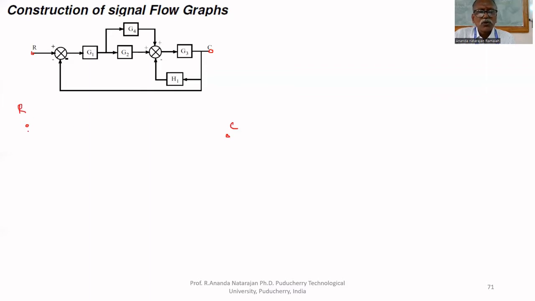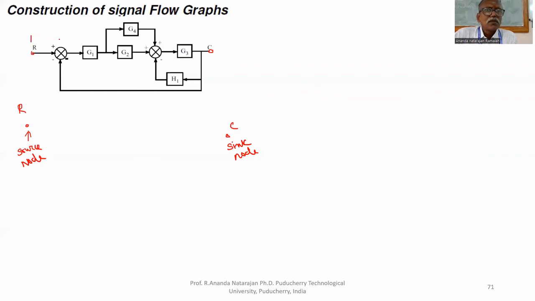This is called source node. And this C is called sink node. Starting node is called source node. End node is called sink node. All other takeoff points as well as summing points will be marked as nodes.